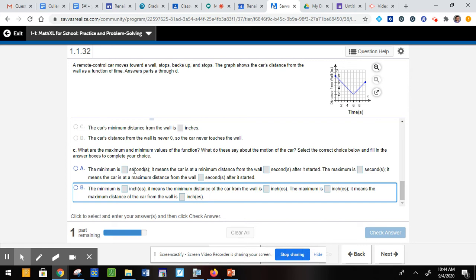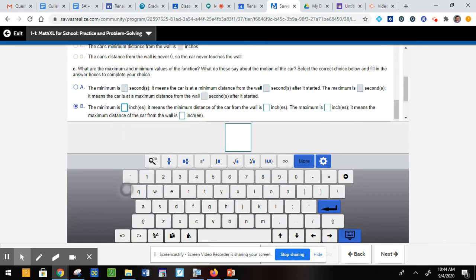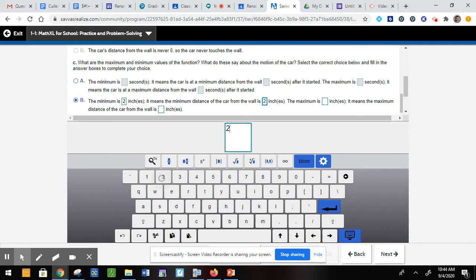So when I look at answer choice B, it says the minimum is blank inches. That is 2, because the car got as close as 2 inches to the wall. It means the minimum distance of the car is, again, 2 inches from the wall, not 22. The maximum is 8 inches.